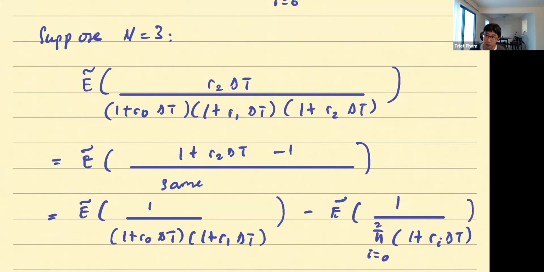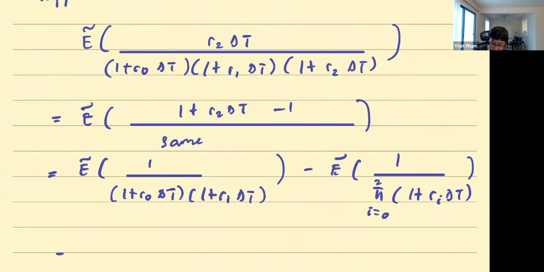Is that okay? But this actually becomes a very beautiful thing, because what is this? This is just what we call the bond price to be paid at time 2. And this is the bond price to be paid at time 3. Is that okay?